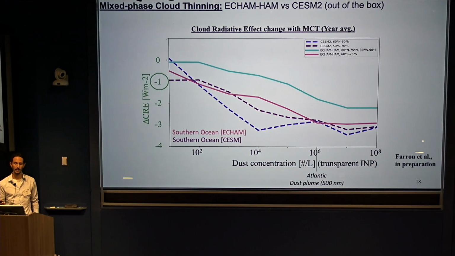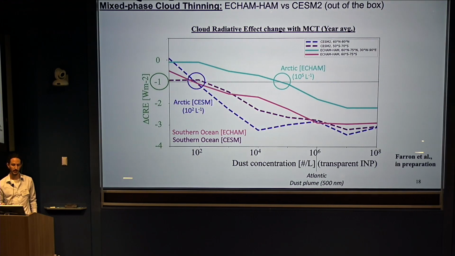So we haven't tuned these perturbations yet. But even with the CSM out of the box, we see, at least for the Arctic, huge differences in terms of how much material you will need to get 1 watt of cooling in the Arctic Ocean.